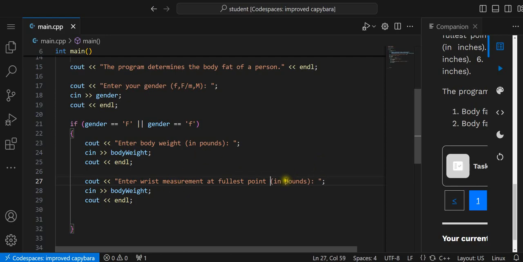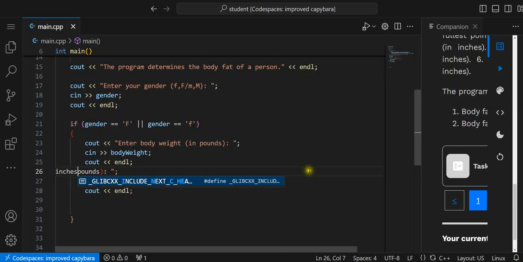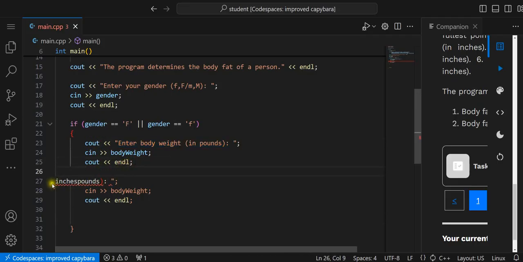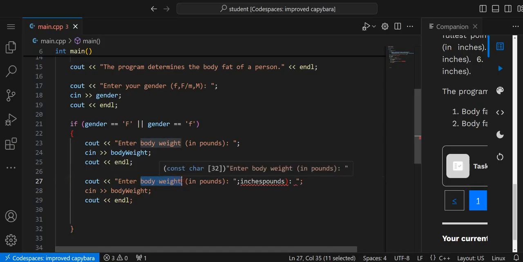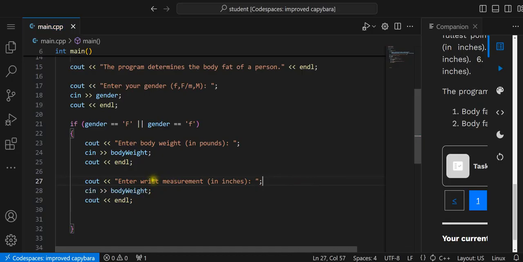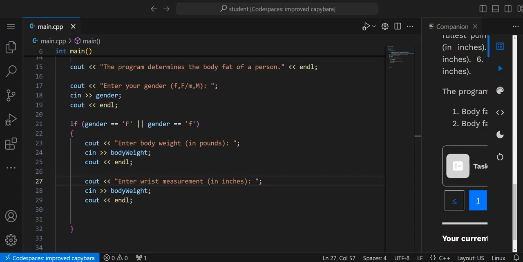Enter wrist measurement in inches. This is going to be the wrist measurement at the fullest point.